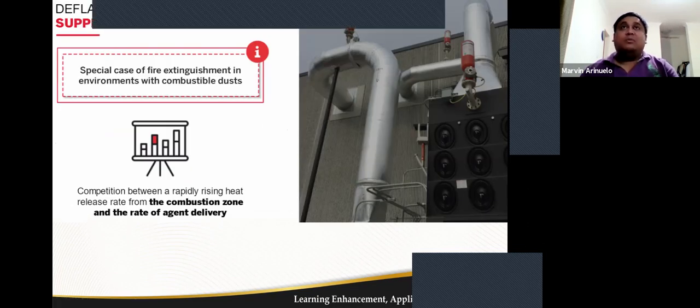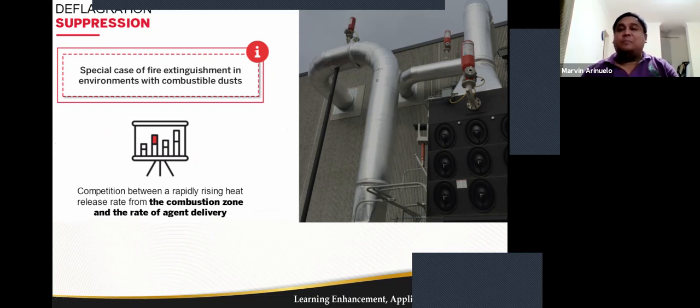Okay, so if you see it's exploding, no? So how could we prevent that? It is possible to happen in our system, in our piping especially. Anyway, deflagration suppression is the key in order to prevent this kind of deflagration and explosion.